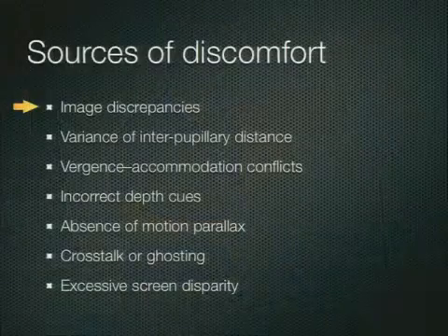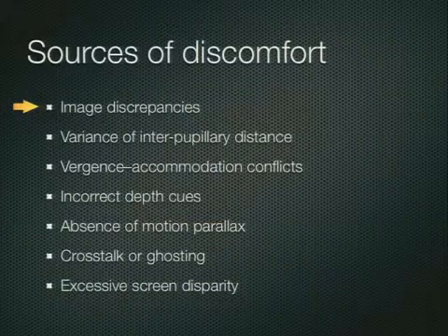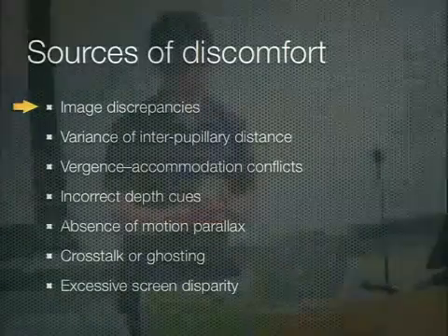And this part is only concerned with image discrepancy, so differences between the two stereo input images. But there's also a range of other issues that affect visual comfort, and they could be related to the physiology of vision, so the separation of the eyes, for example, but also the particular display device and display technology used. So everything but the first one is assumed to be constant for the purpose of this work.